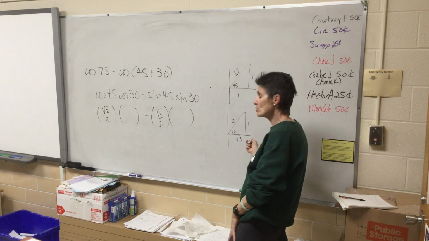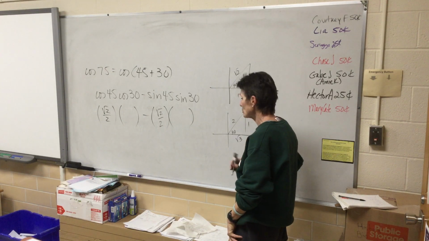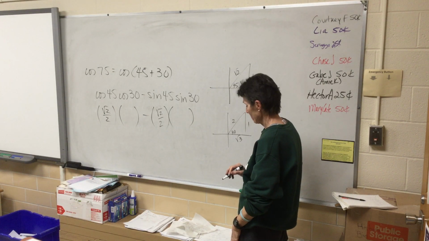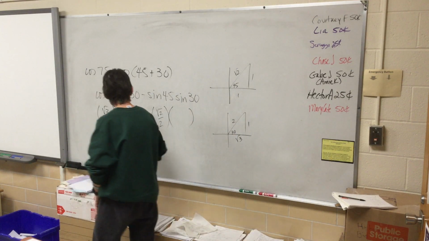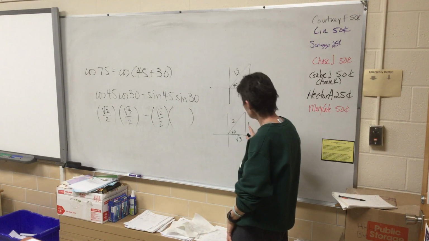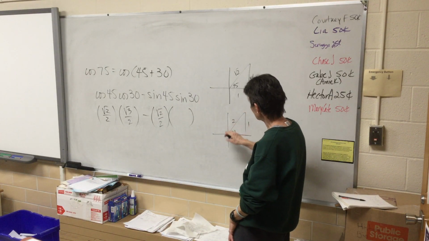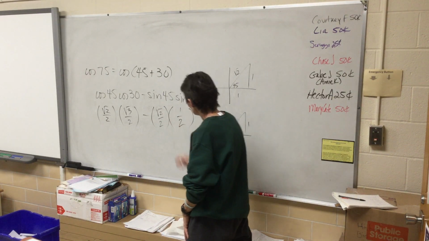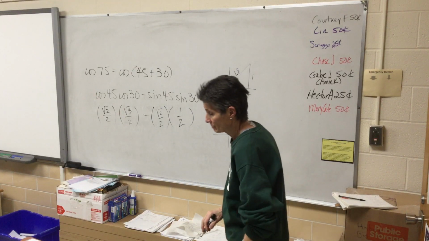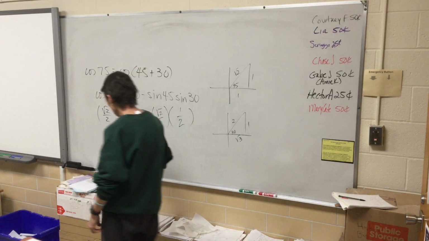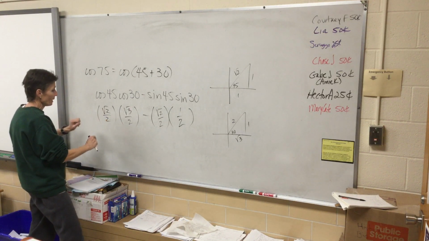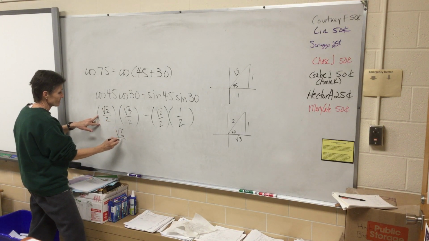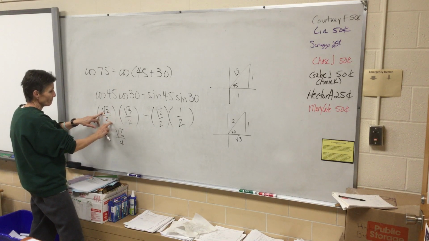Now, what about the cosine of 30? Root 3 over 2. Perfect. And the sine of 30 is not the same. The sine of 30 is 1/2. So these are the ones, remember, we're going to multiply each piece, so we get root 6 over 4. Top times top, bottom times bottom.